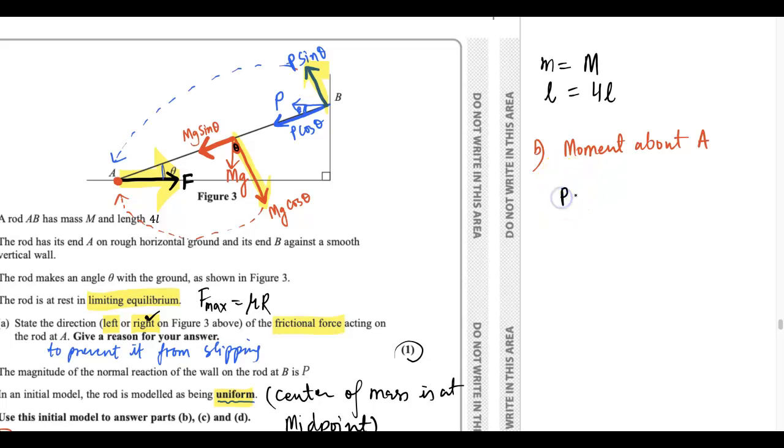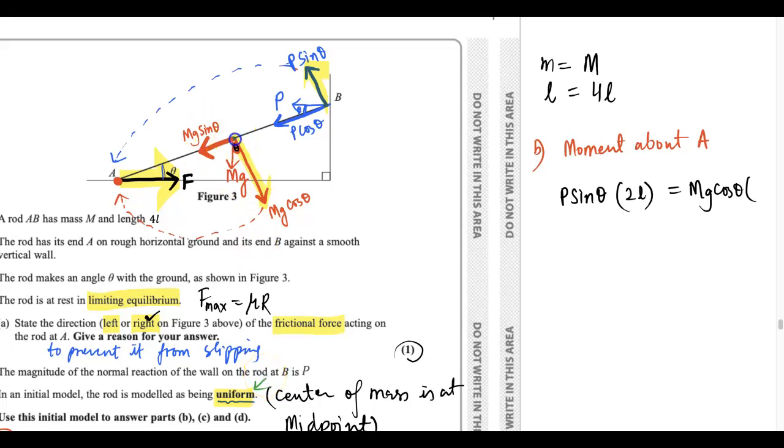Because their directions are different, the moments are going to be equal. So P sin theta is the force, and the distance is 4L. It is equal to mg cos theta, and what is the distance? We don't know. But we know that this is a uniform rod, modeled as uniform.